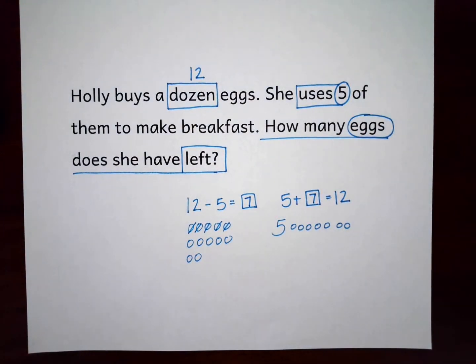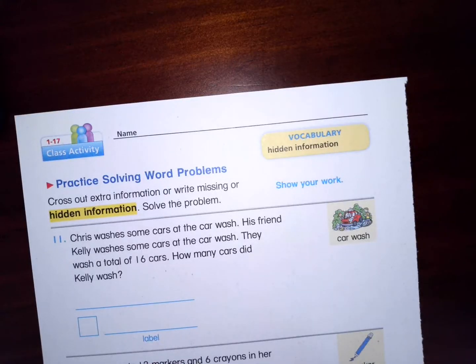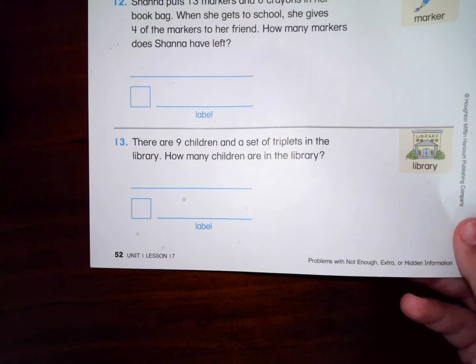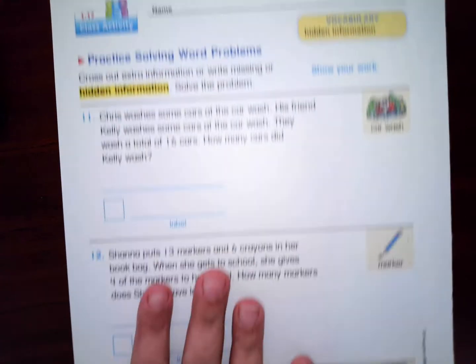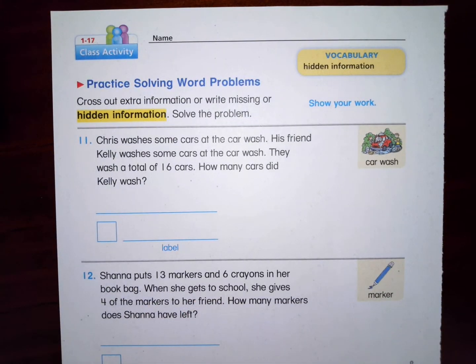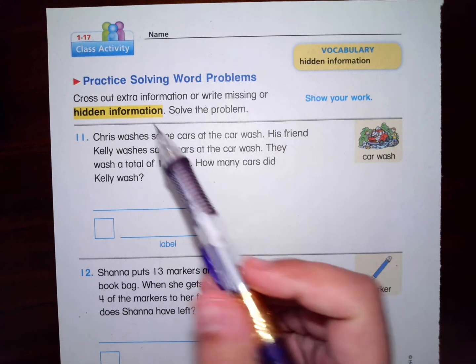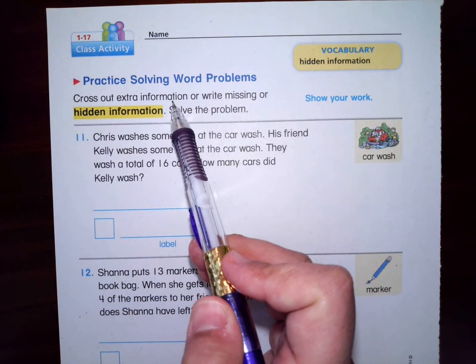Great job, friends. All right, so now that you're warmed up, you are ready to look for some more hidden information. Go ahead and grab your math workbooks and open to page 52. On page 52, it says cross out extra information.